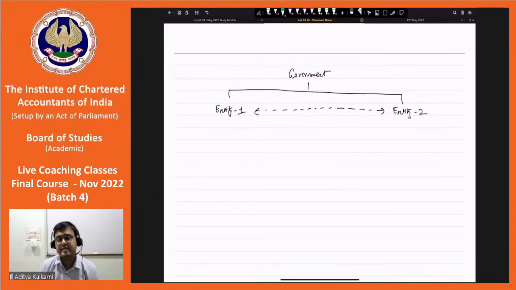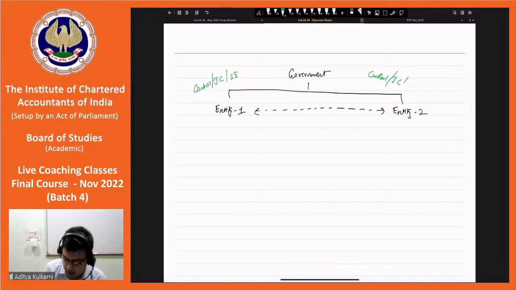But there is an exemption given here, where the government has control or joint control or significant influence on one entity, and the same government, whether state government or central government, has control, joint control or significant influence over the second entity, then entity 1 and entity 2 are able to enjoy the exemption.